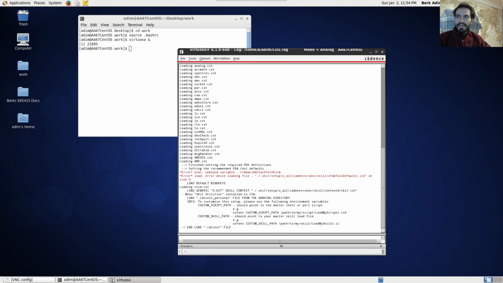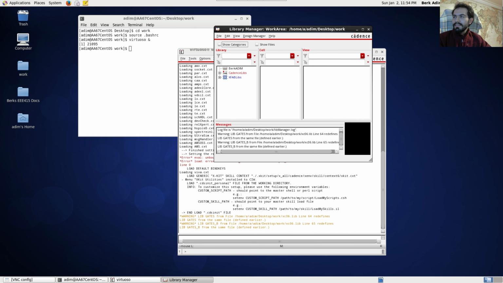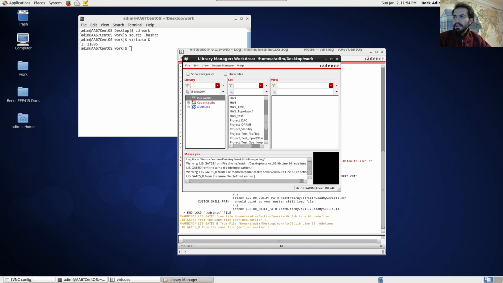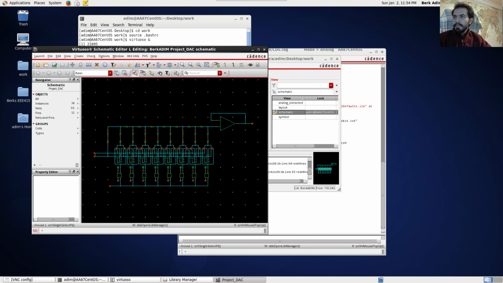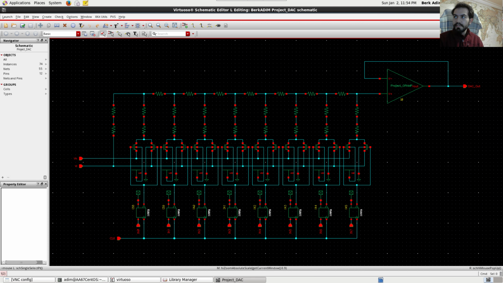Hopefully you can see Cadence right now, and I'll just open my library and go to my project DAC. So let's start with the schematic, because there are actually some things I want to go over in the schematic form. As you can see, we have a classic R2R network and a buffer op-amp, a DAC architecture.